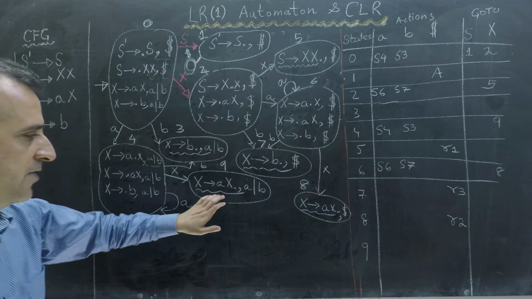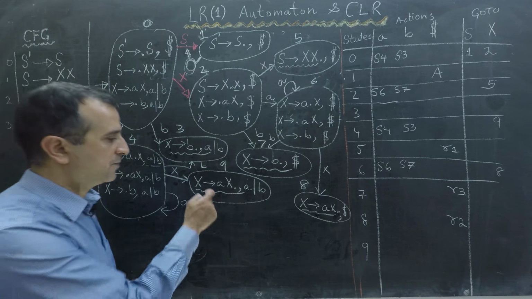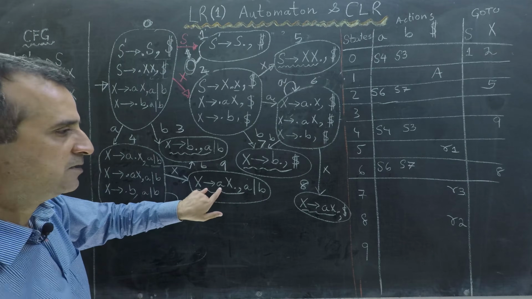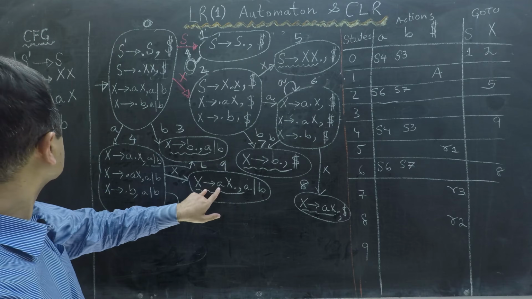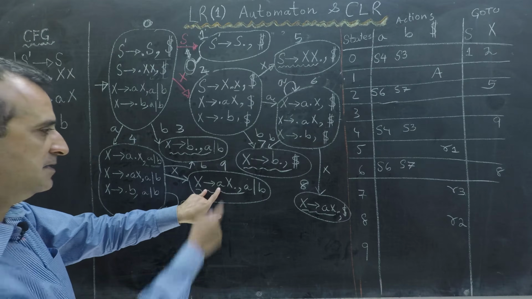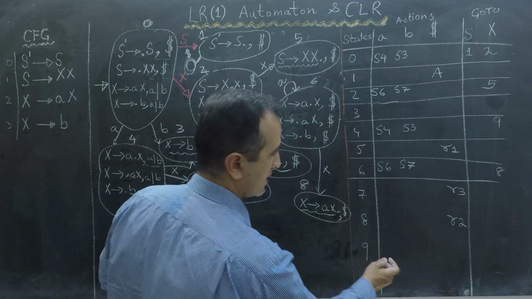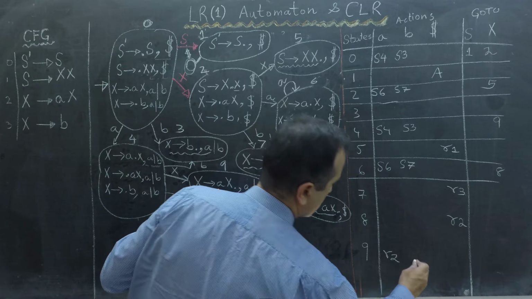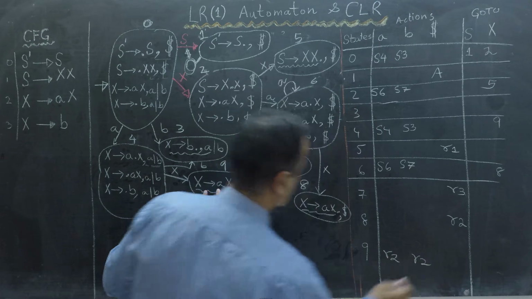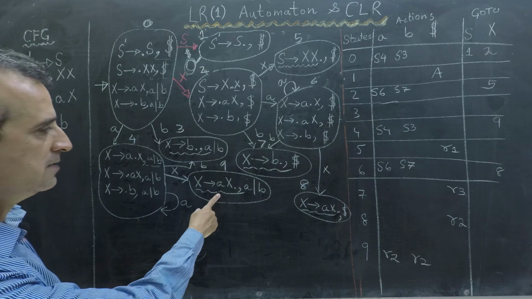Now this is interesting because it has two look ahead symbols. So here I will add this production on both A and B, and this production number is 2 and the state number is 9. So I will add here R2 on A and R2 on B in state 9. I'm done with this.